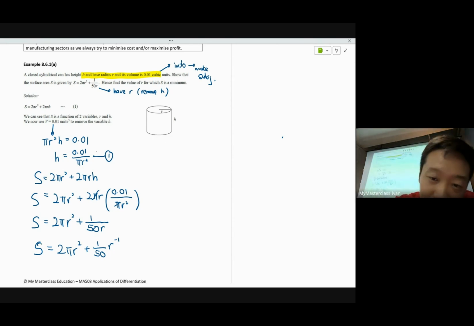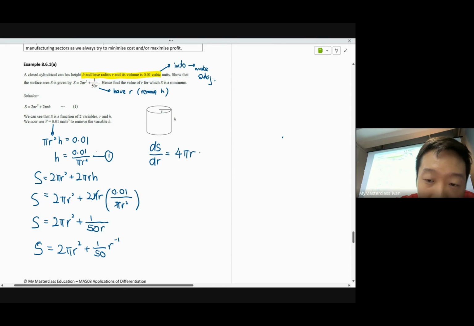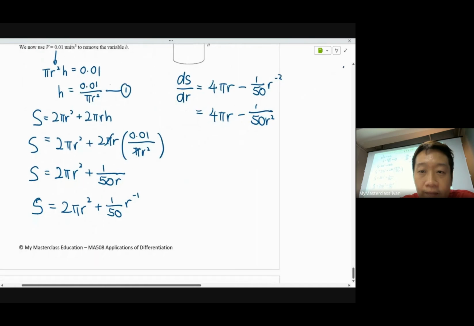Then the next step, standard, ds over dr equals to differentiate: 4 pi R minus 1 over 50 R power -2. Power bring down, the -1 bring down, power decrease by 1. And now you make it back: 4 pi R minus 1 over 50 R square. Okay?